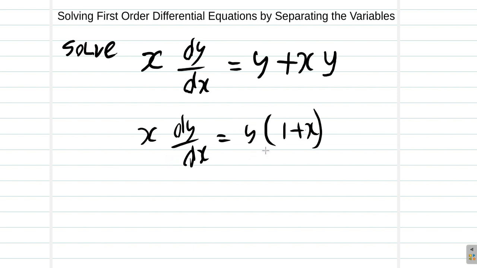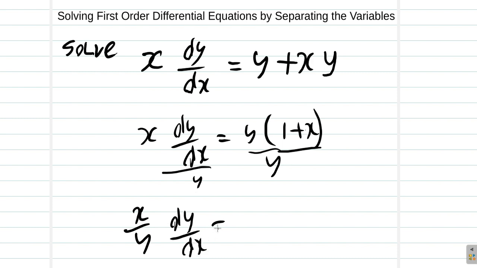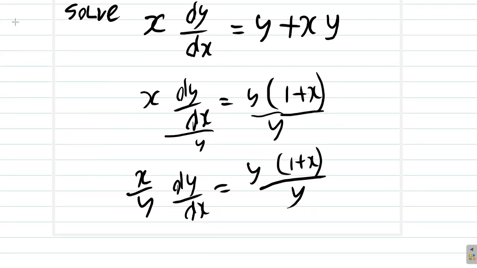If you divide both sides by y, you have x over y dy by dx equals y, 1 plus x over y. But guess what happened now? y will cancel y. So you only have 1 plus x over here.